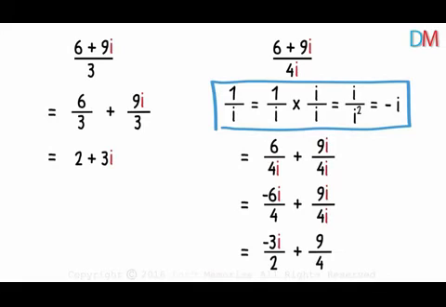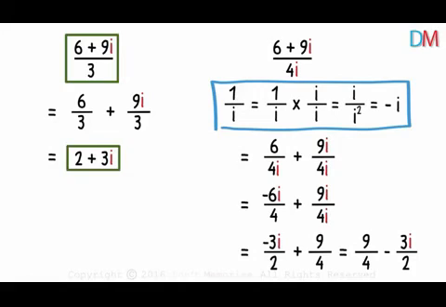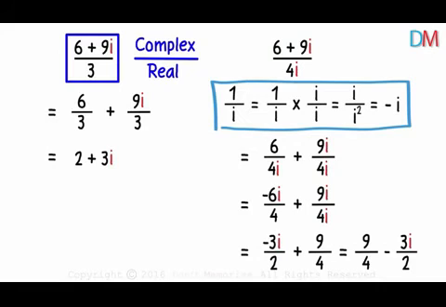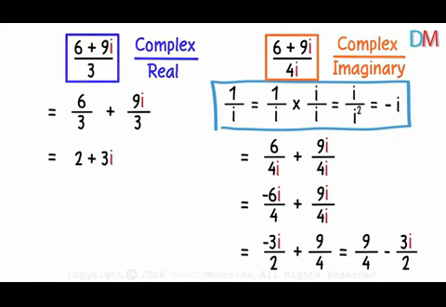As we write a complex number with the real number first, this is 9 over 4 minus 3i by 2. So dividing 6 plus 9i by 3 gives us 2 plus 3i. And dividing 6 plus 9i by 4i gives us 9 over 4 minus 3i by 2. Clearly, dividing a complex number by a real number or an imaginary number is quite easy.